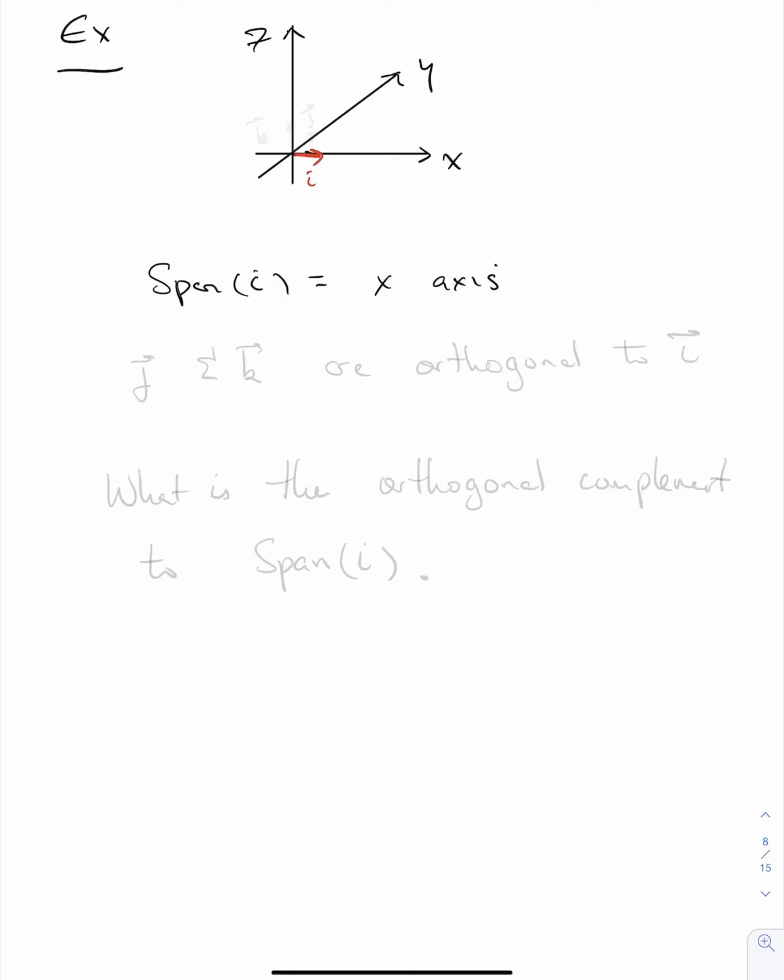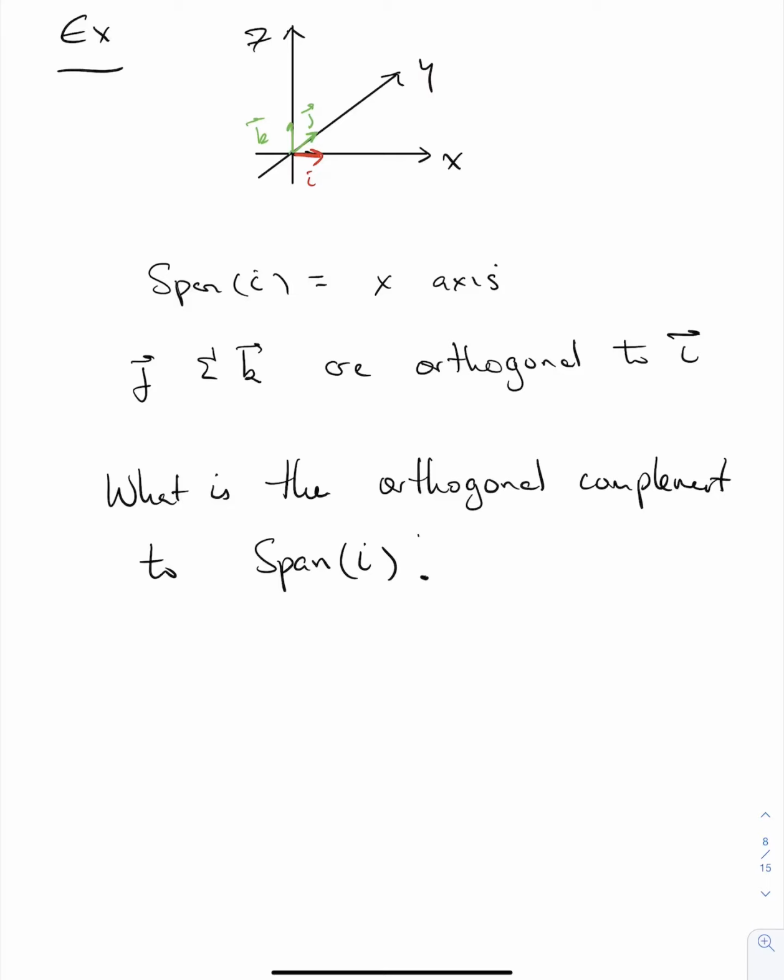And we can find two orthogonal vectors. j and k are orthogonal to i. And as you recall, j is going to be in this direction and k is going to be in this direction. The exercise for you is, what is the orthogonal complement to the subspace span of i?